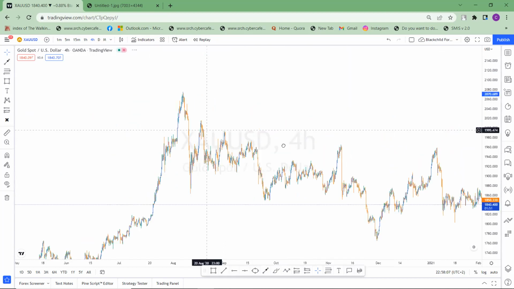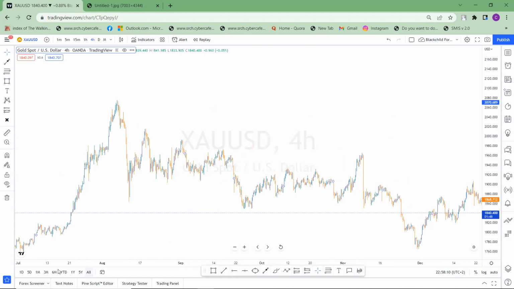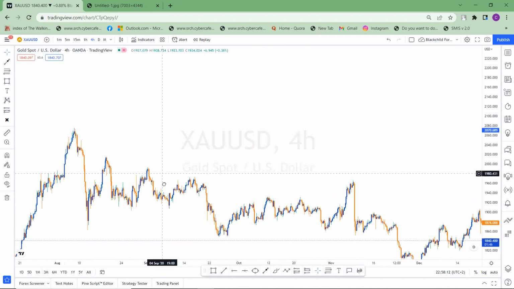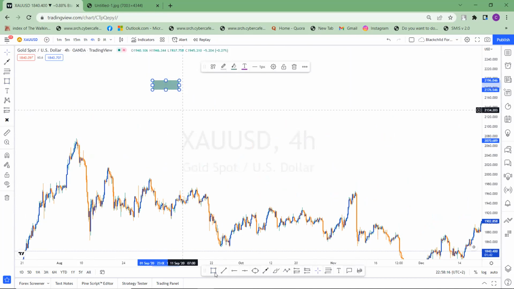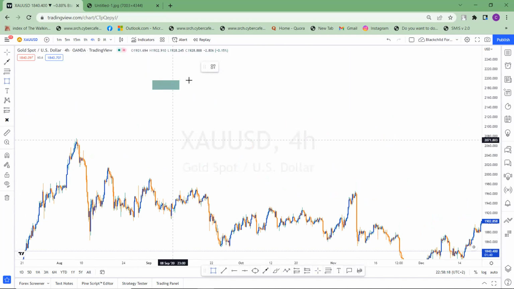Okay, I'll start from here. Demand and supply is actually a price where the market reversed. When there's demand, that means a lot of people are willing to buy, and when there's supply, that means a lot of people are willing to sell.